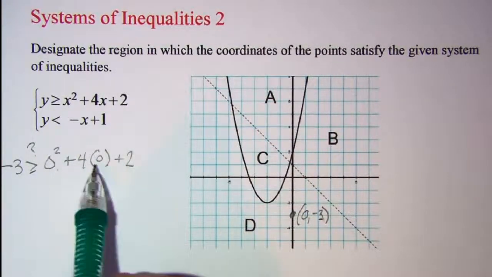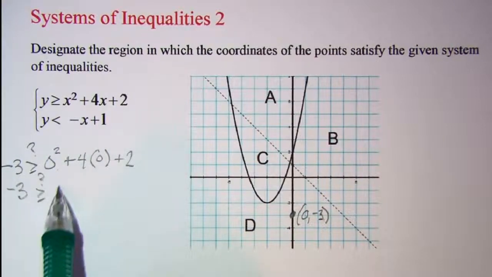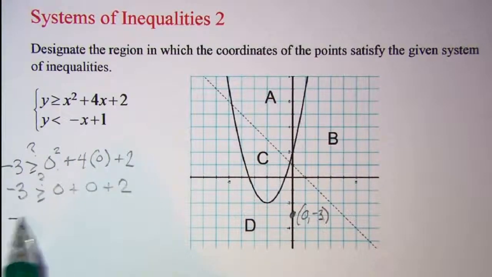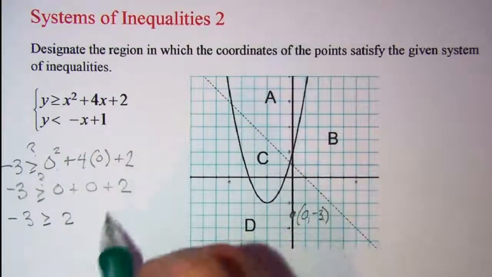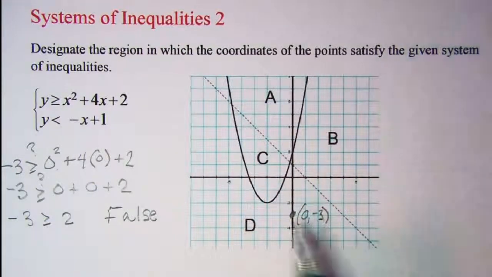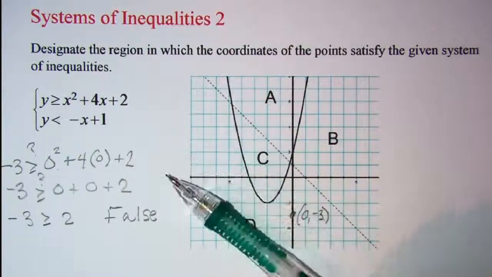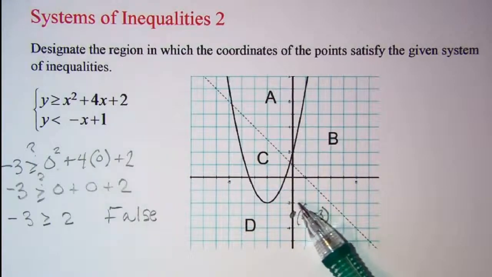This is 0 and this is 0, so negative 3, is that greater than or equal to 0 plus 0 plus 2? Negative 3 greater than or equal to 2. This is false. So I know that a point below the line and outside the parabola is not going to work.